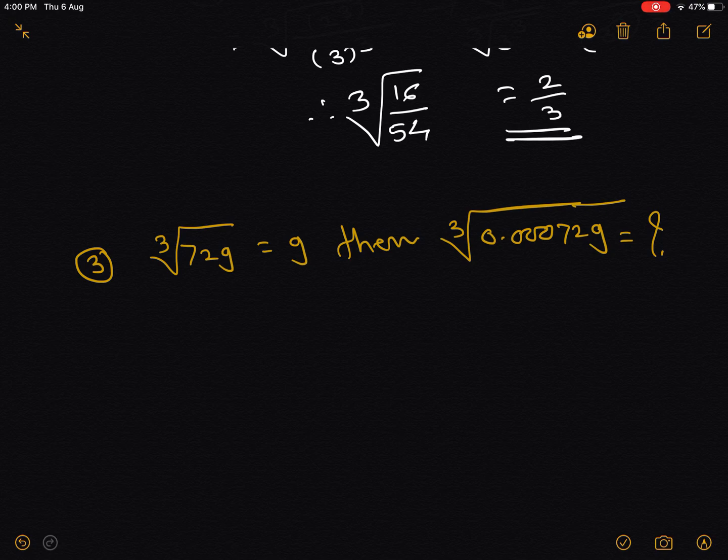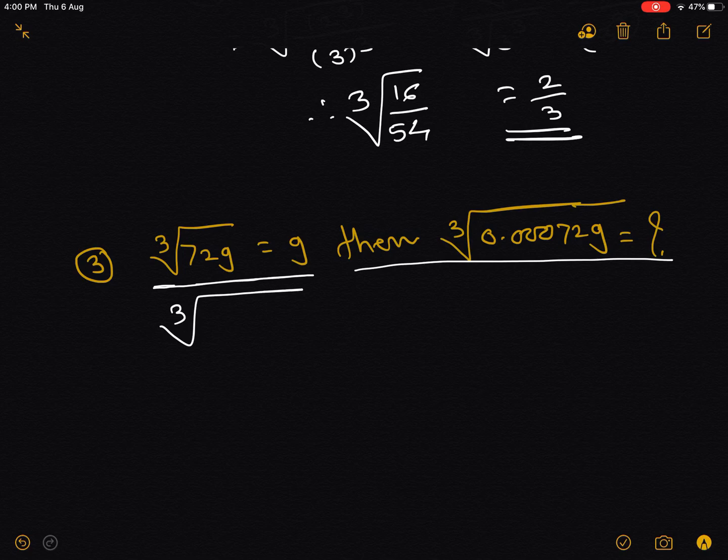Now see the next example. You are given that cube root of 729 is 9. Then find the value of this number. We write down the given number, cube root of 0.000729. It is a decimal fraction.